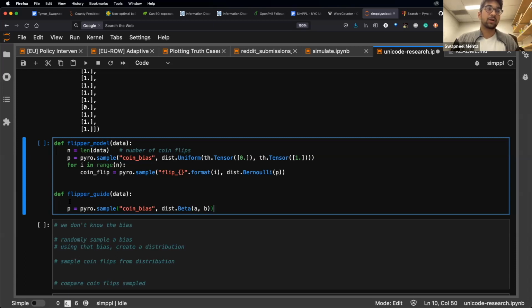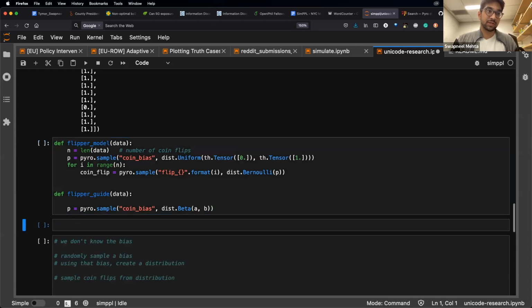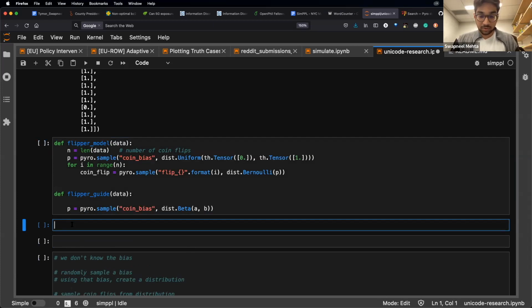Now getting to what the beta distribution is. So how do I do this? Beta is equal to dist dot beta, m is equal to dist dot beta.